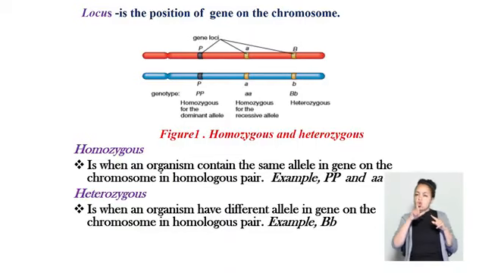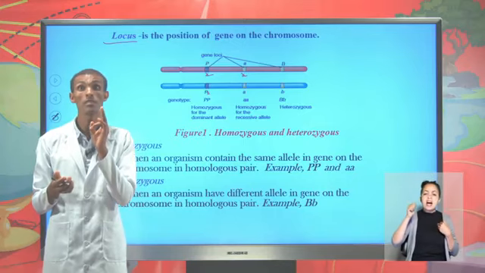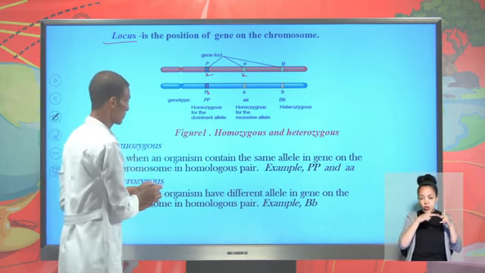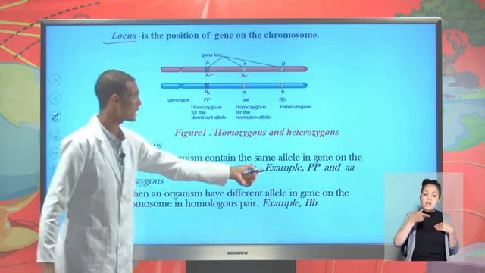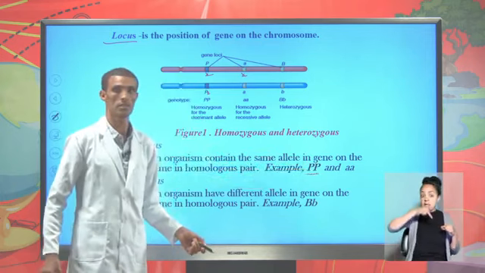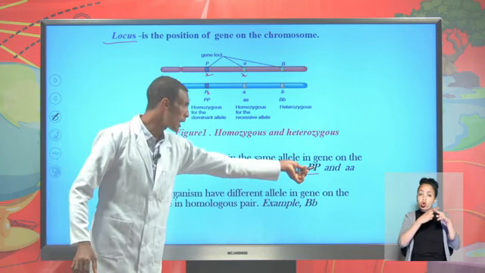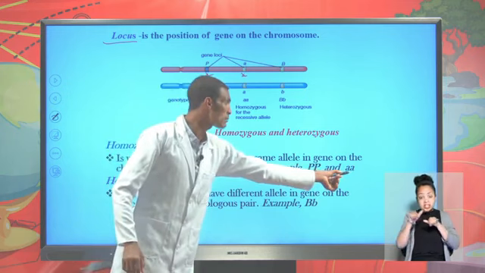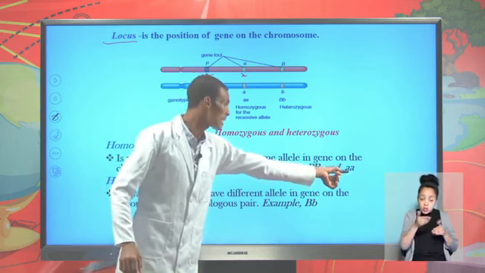When we say homozygous, it is when an organism's chromosomes contain alleles at the same locus that are the same. In this case, PP is when an organism contains the same allele in a gene. Let's say here is a PP gene, which we call capital P, which comes from the same locus, and again another capital P from the same locus.